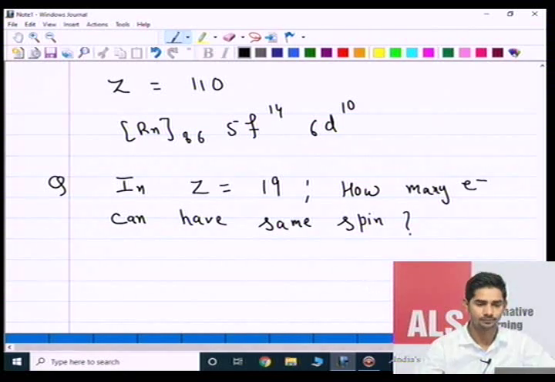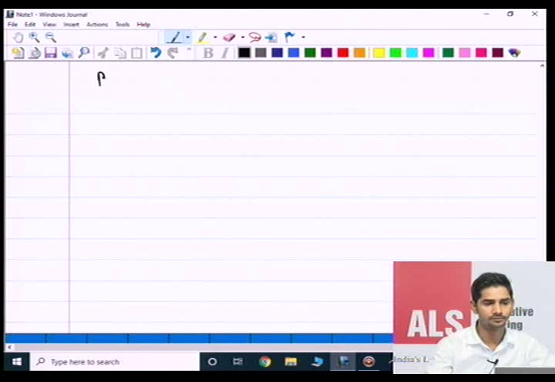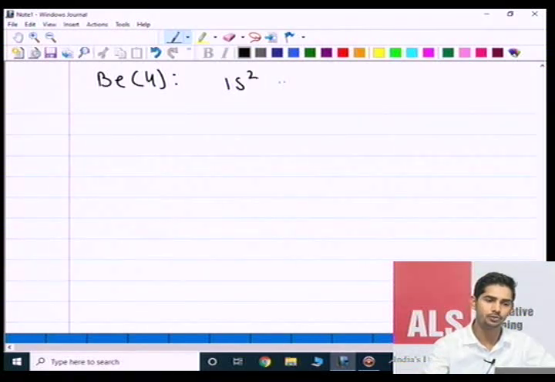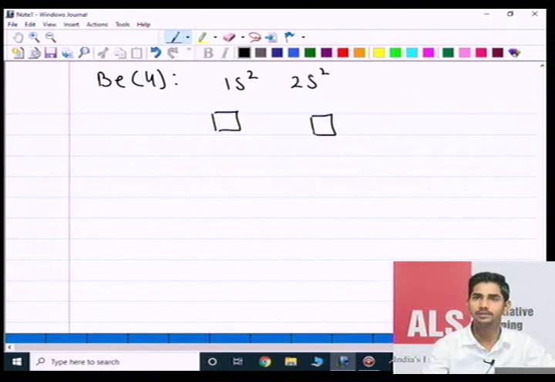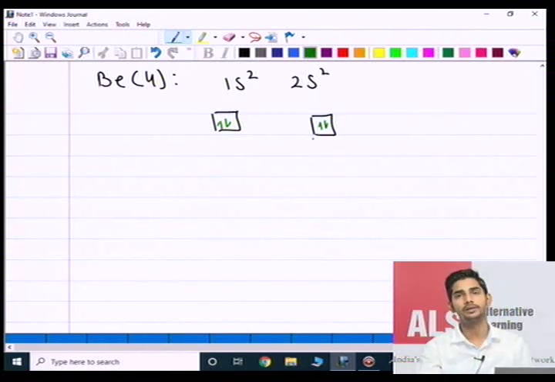See, if I say beryllium, atomic number 4, you can write 1s2 and 2s2. This is your s orbital, this is your s orbital. So you can write electrons like this. The question asks how many electrons can have the same spin. So guys, either you can choose the electrons pointing upwards, or you can choose the electrons pointing downwards. If I choose the electrons pointing upwards, you find only 2 electrons.